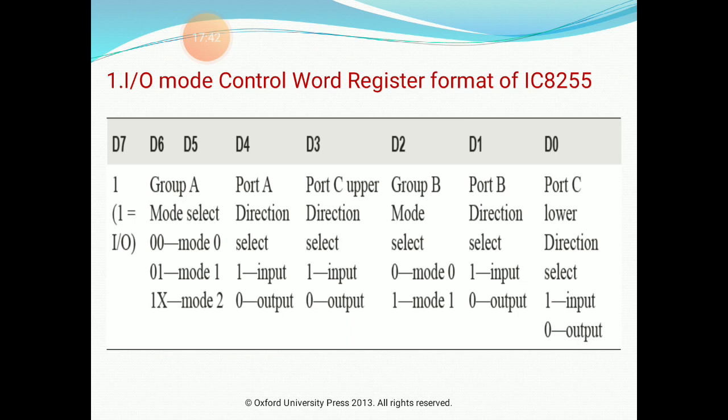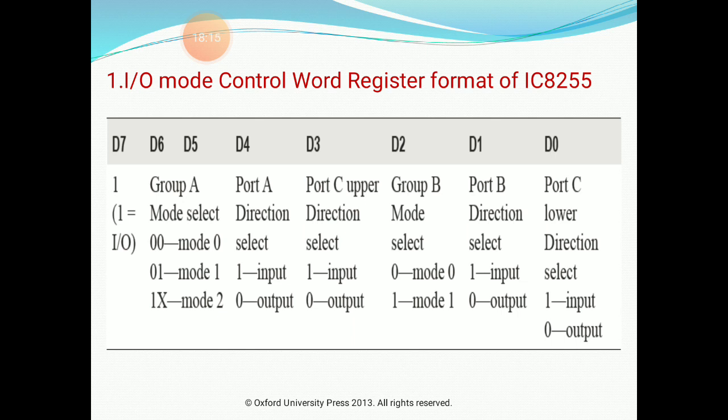Bits D6 and D5 are used for selection of mode for group A, the D4 bit is used for direction of port A, the D3 bit for direction of port C upper, the D2 bit for mode selection of group B, the D1 bit for direction of port B, and the D0 bit for direction of port C lower.